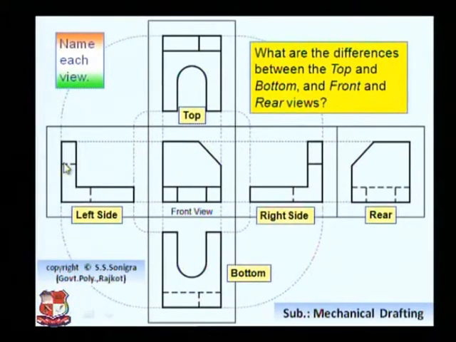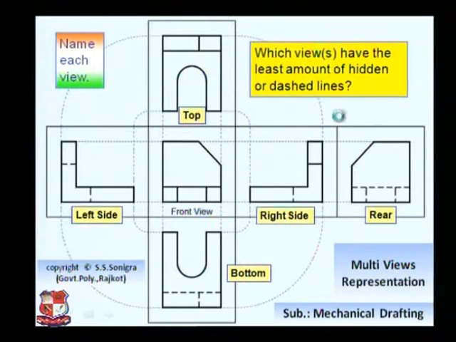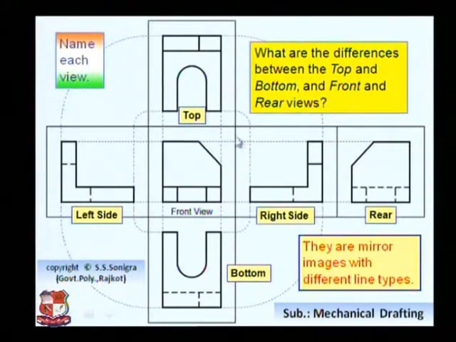Now what is the difference between top view and bottom view, and front view and rear view? You can notice here, in top view and bottom view, the line type is differing. They are mirror images with different line type, and in front view and rear view also one difference is there. These lines are dotted lines, and here these lines are full lines.